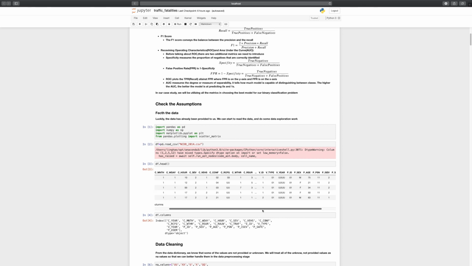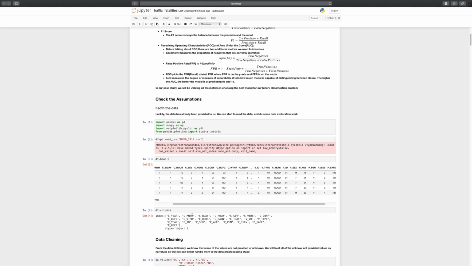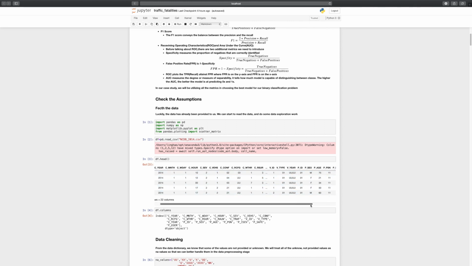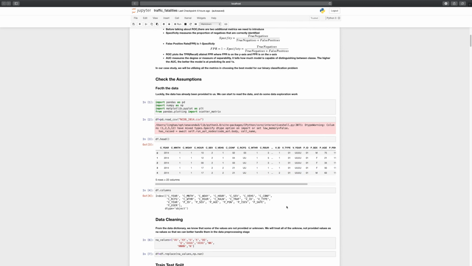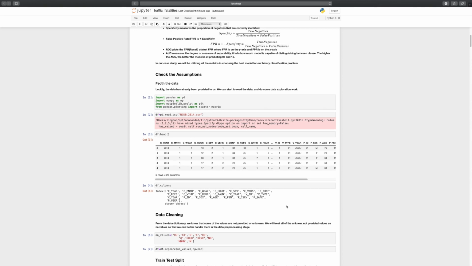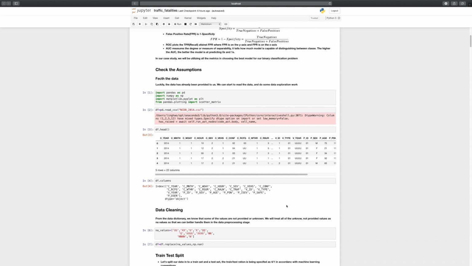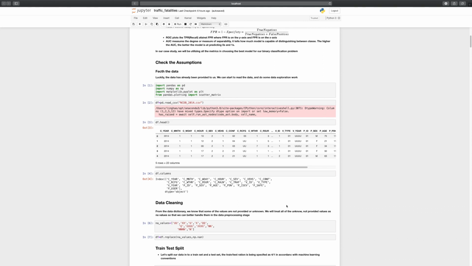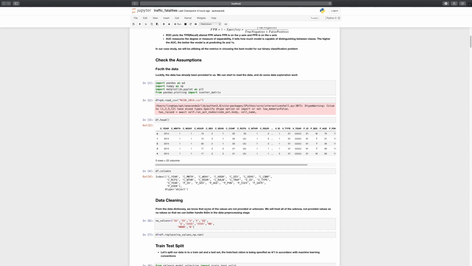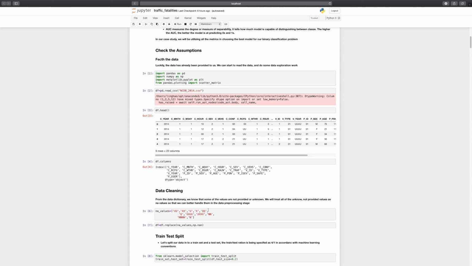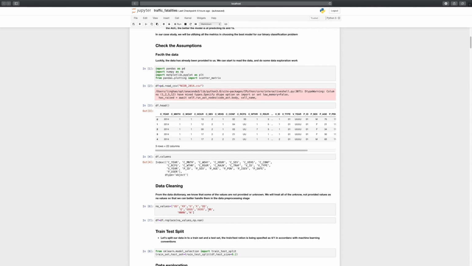Our first look at the data frame shows that there are several columns, and some of the columns contain numbers, while some also contain strings. This might be a problem, because we would like to deal with homogeneous types, especially for machine learning models, which only deal with numerical values. So that's why I have decided to start data cleaning before the train test split.